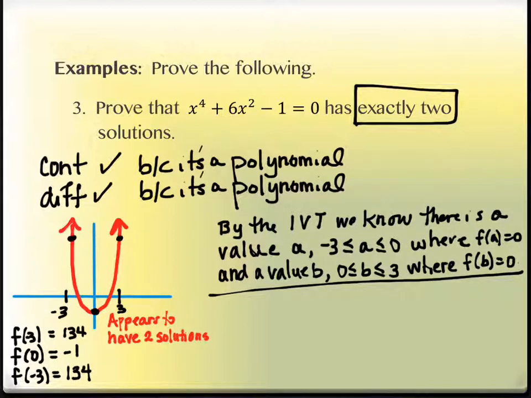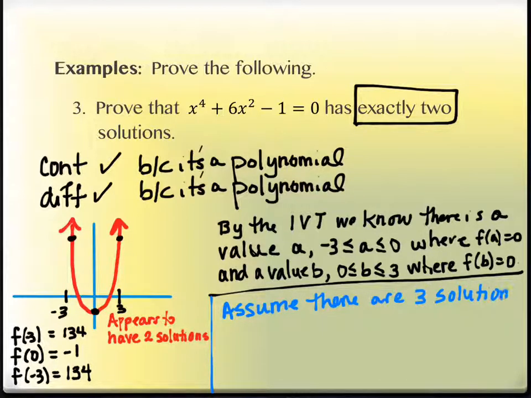So we're going to make an assumption that we know is going to fail. So we're going to assume there are 3 solutions. Because nothing so far has said for sure we don't. So we're going to pretend like there's 3 and we're going to run into a problem.